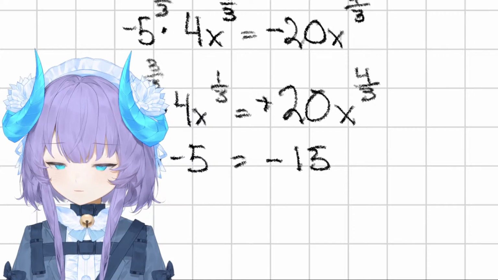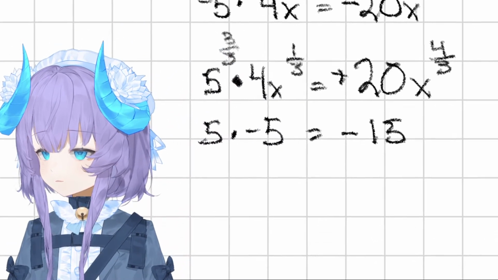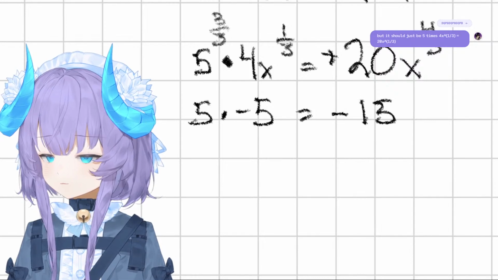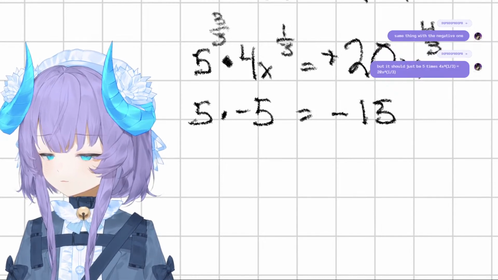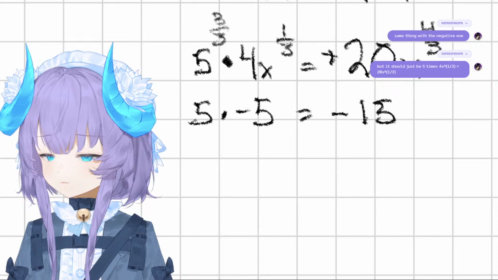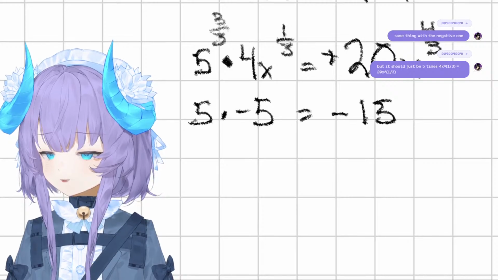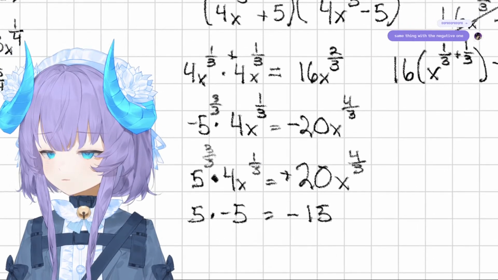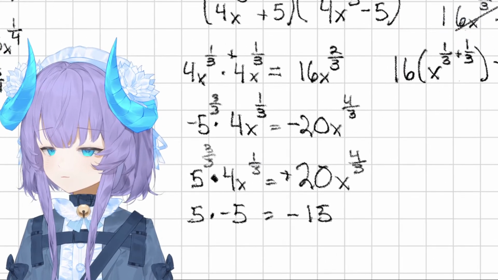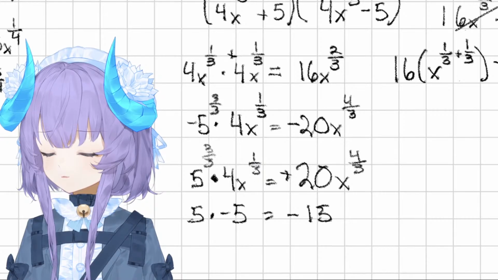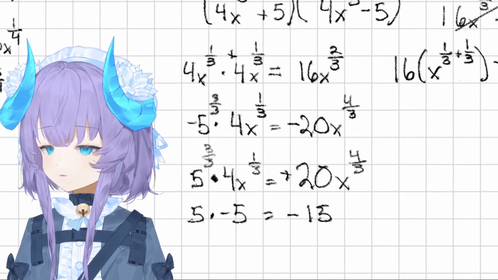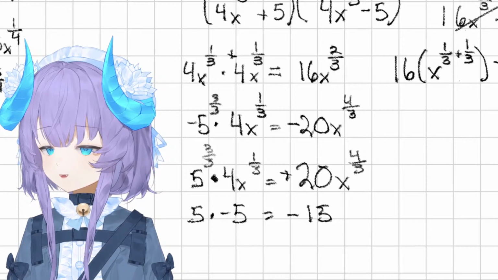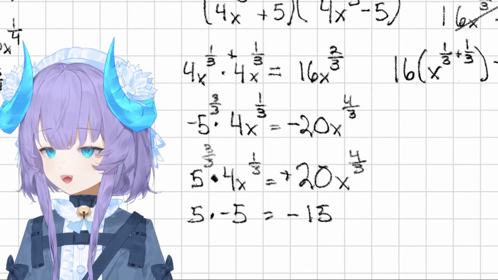This one? But it should be. What is equal negative 20x to the power of 1/3? Why is it just 1/3?